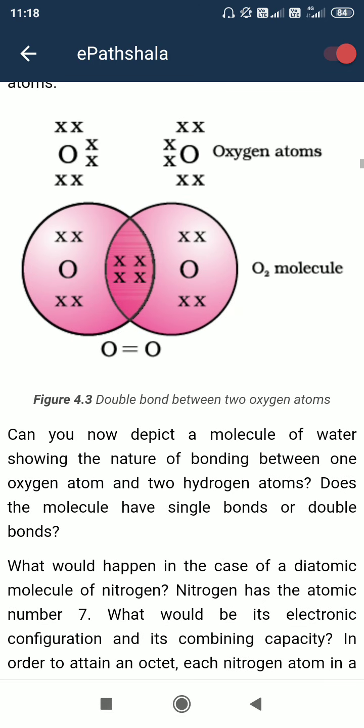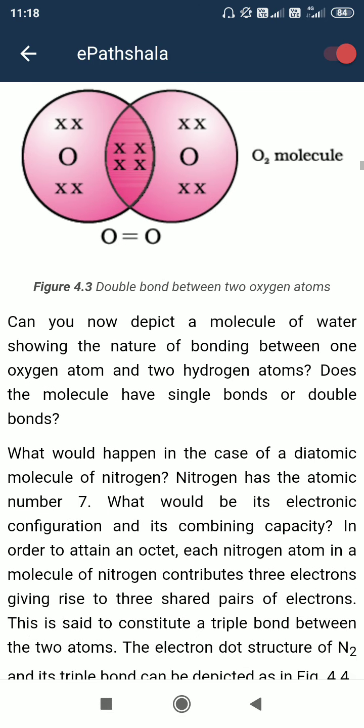So see here, oxygen atoms. What is formed? The oxygen molecule is formed, O2. Here a double bond is written because the atomic number of oxygen is, obviously, 8. So what is happening?